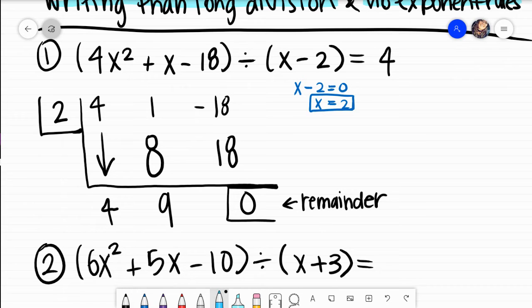You're going to look here. That leading term started with x squared. And so what you do is you reduce the variable's exponent by 1. So it was x squared, now it's just x. And then our 9, that is a positive 9.